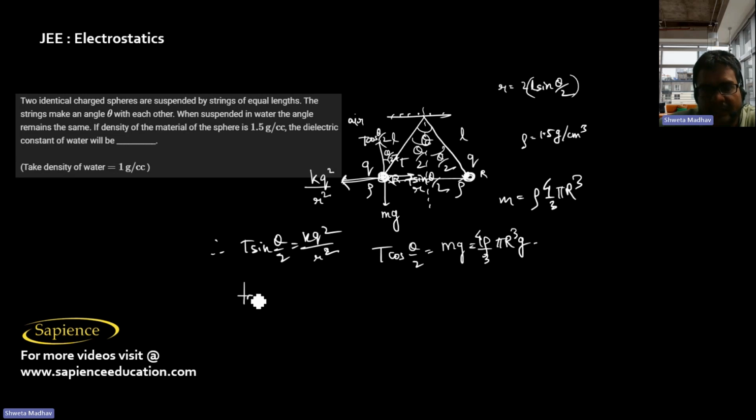Therefore tan theta by 2 is Q square by 4 pi epsilon naught r square divided by 4 rho by 3 pi R cube into g, which is mg.